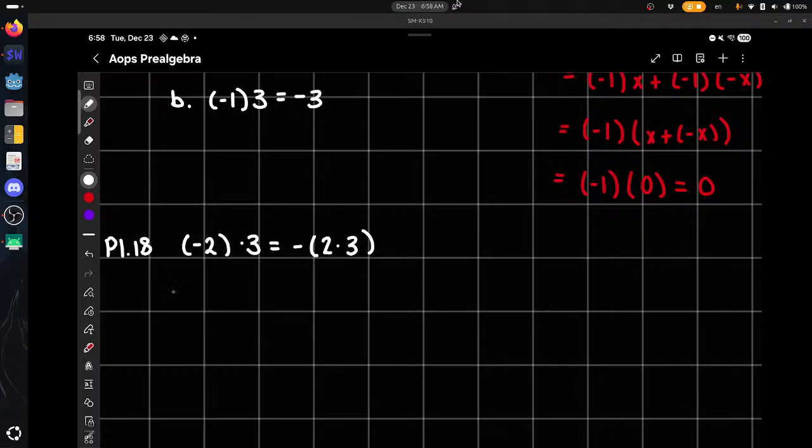I don't know, it's pretty simple, right? That this is -1 times 2 and 3. This is all multiplication. So we could just group it differently. That's why. So just expand, an associative property.